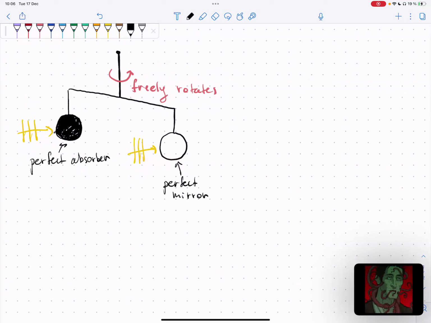It will change the momentum of the light, if we count it as photons, and the mirror would be an absolutely elastic reflection. So we could write the laws of momentum and energy conservation for the photons, and there should be some kind of rotation, I think.